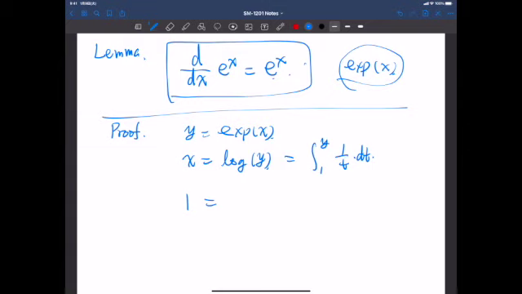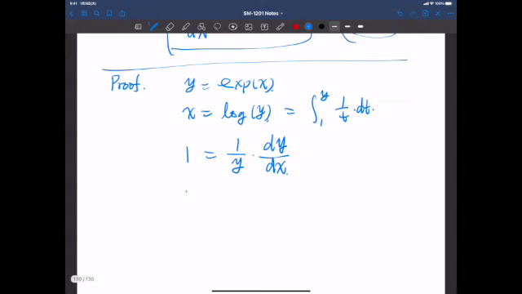So the primitive function is 1 over y, and by the chain rule, times dy dx. So from this we have dy over dx is equal to y. That is, d dx of exp x is equal to exp x, and we are done.